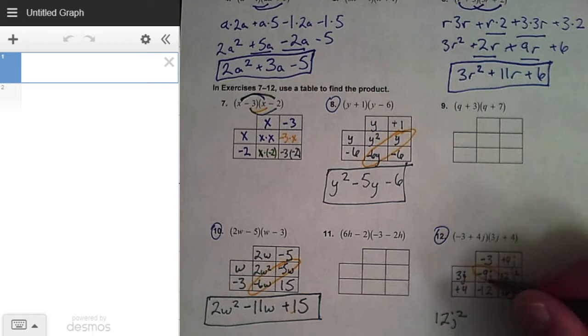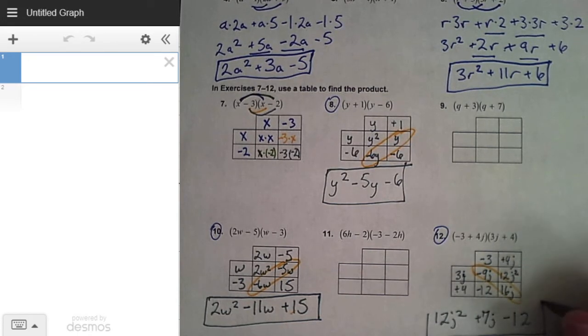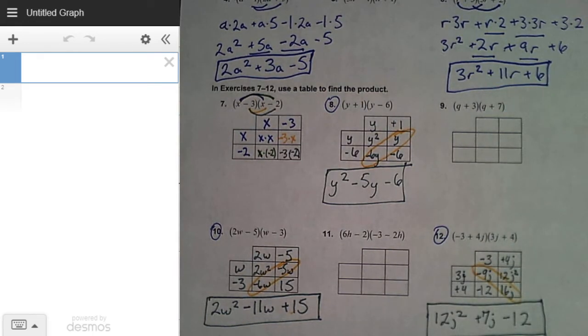Combining like terms, we have negative 9 plus 16, or we could think 16 minus 9, is going to be a positive 7j, and then minus 12. And that is the answer. Just right like that.